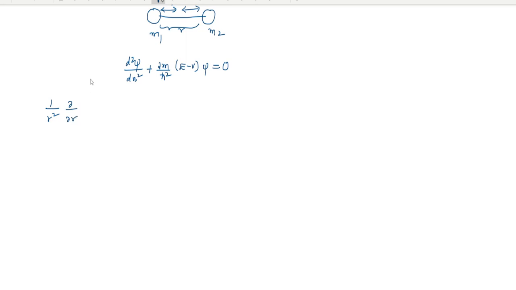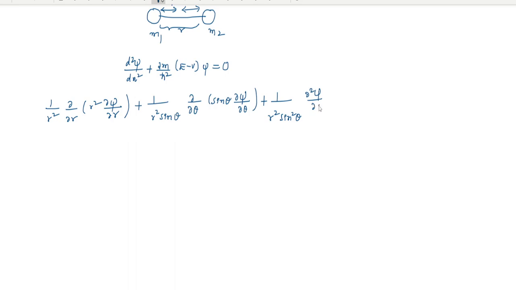So, 1 divided by r square, partial derivative with respect to r of r square times partial derivative of psi with respect to r, plus 1 divided by r square sin theta, dou by dou theta of sin theta dou psi by dou theta, plus 1 divided by r square sine square theta, dou square psi by dou phi square, plus 2m divided by h cross square into E minus V times the wave function psi equal to 0.